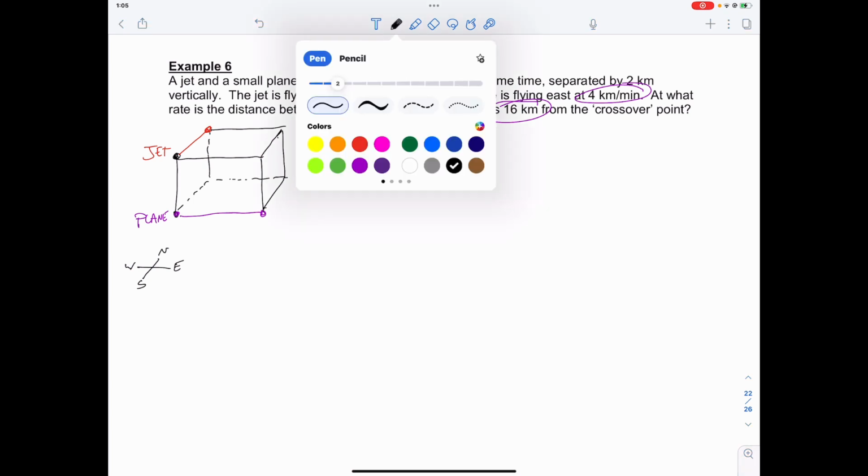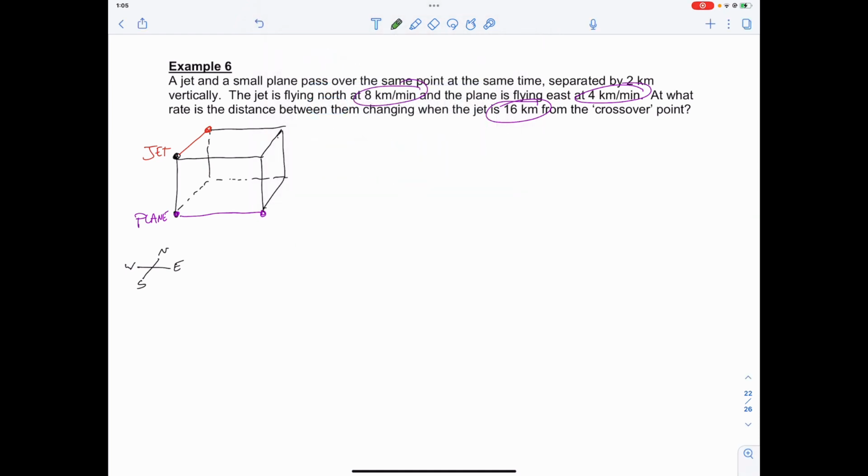One of the things, like we said, is that the vertical distance never changes, which means that if this is 2 kilometers from where they started, then this still has to be 2 kilometers, this has to be 2 kilometers, and this has to be 2 kilometers. That vertical height is never really changing.